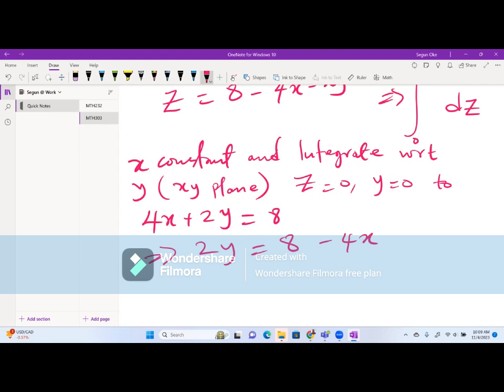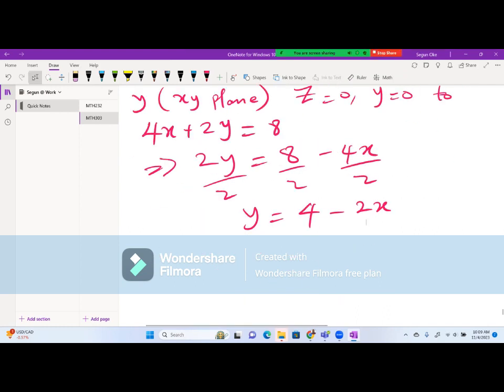What do we have? y equals 4 minus 2x. So for the integral of y, what we are going to have is in this form: y equals 0 to 4 minus 2x, dy. So I'm just giving us the breakdown one by one.